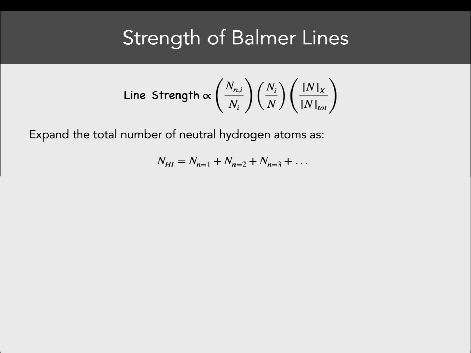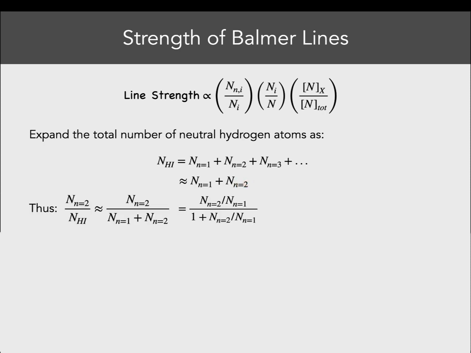In order to make this approximation valid over a range of temperatures, we're going to write that the number of neutral hydrogen atoms is the number in the ground state plus the number in the first excited state plus third and so on. We're going to keep the first two terms in that series and ignore all the higher order terms. So NH1 is approximately just the number in the ground state plus the number in the first excited state.